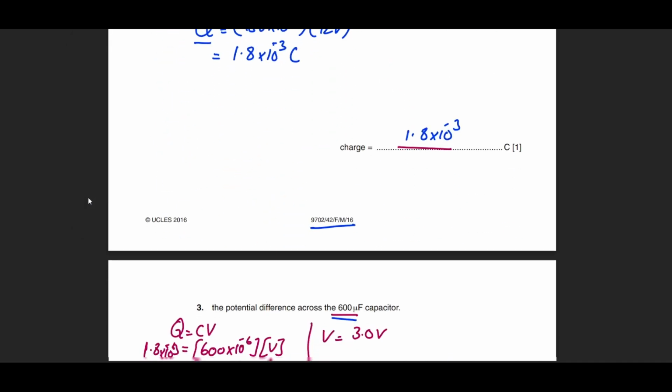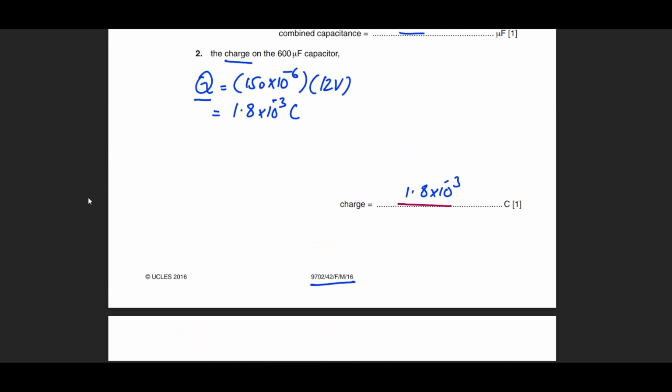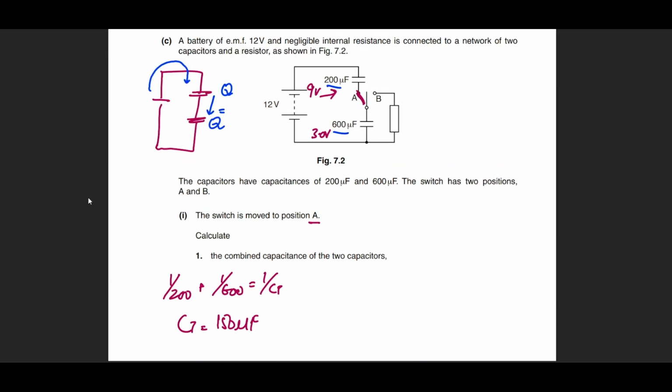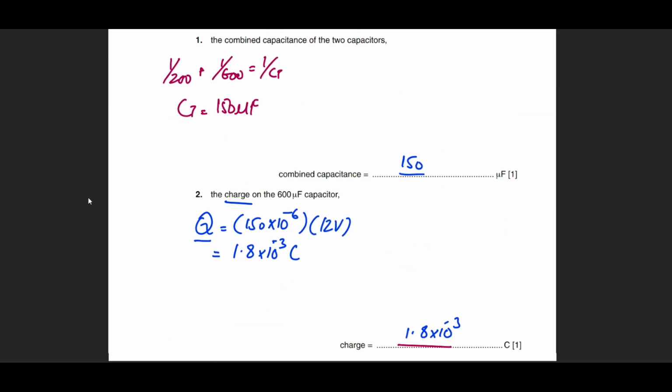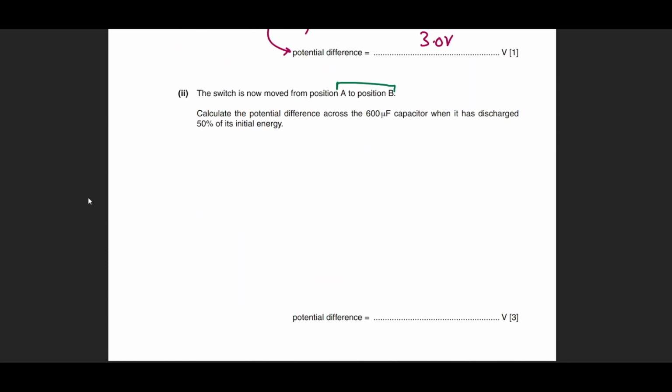Now, in the next part, it tells me that the switch is changed from position A to position B. The changeover has happened from this position to this position. Now it asks what will happen if it has discharged 50% of its initial energy.